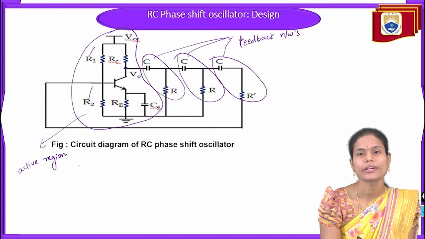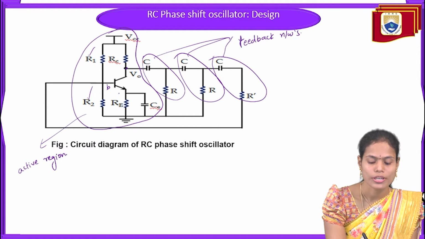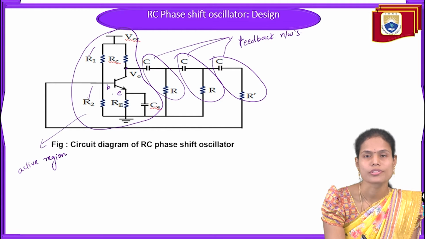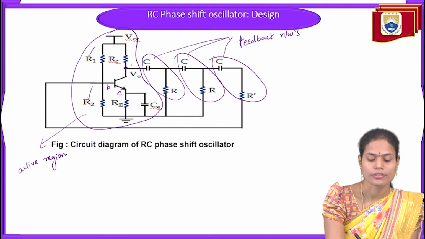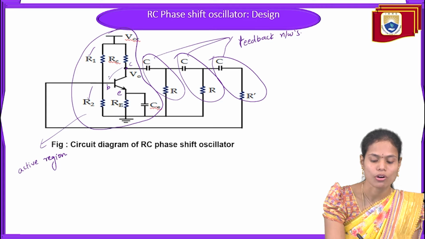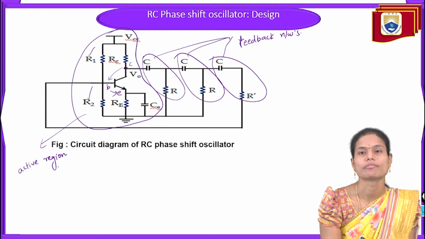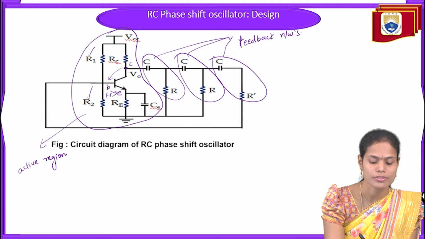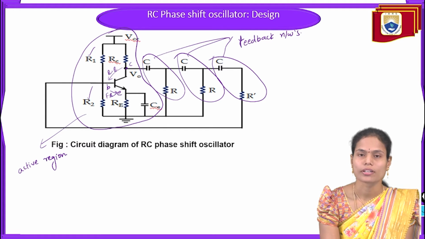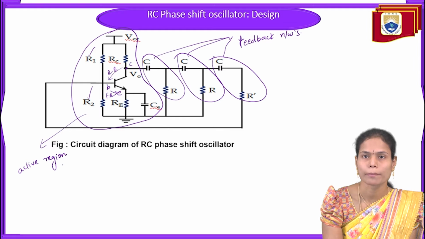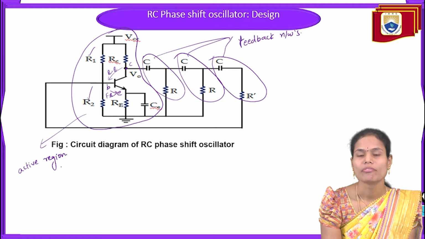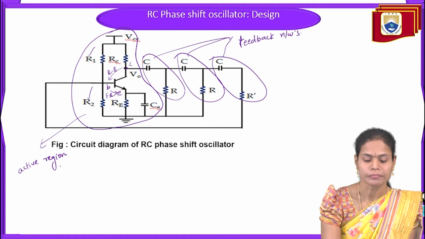So in order to operate in the active region, the base to emitter junction we always need to forward bias, and the collector to base junction we always need to reverse bias. Here it is forward biased, here it is reverse biased. Along with that, we need to provide the proper operating point in the active region, so that it can provide the total amplified output without any distortion or clipping here.